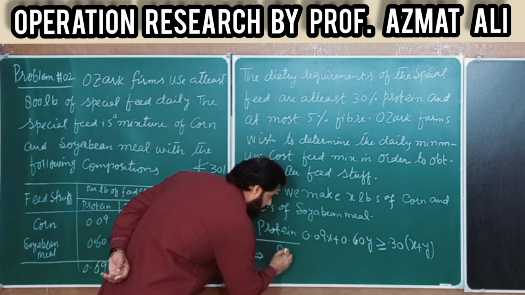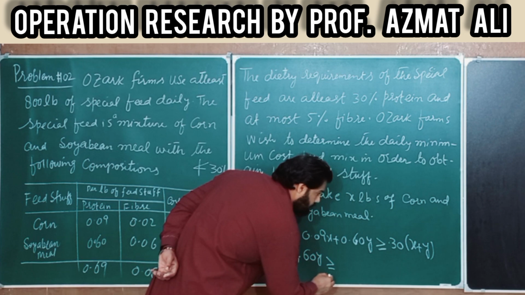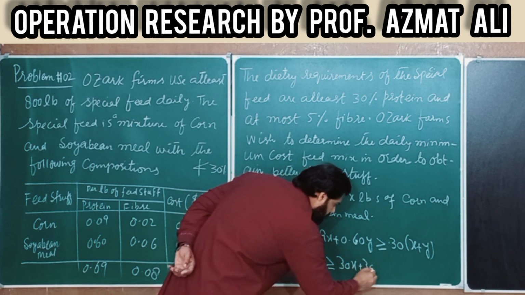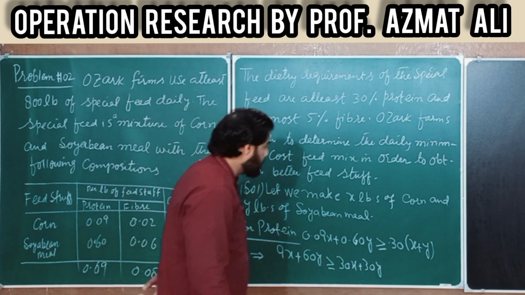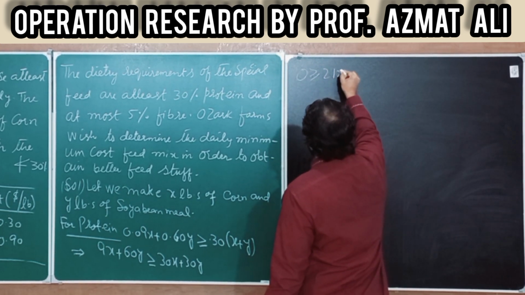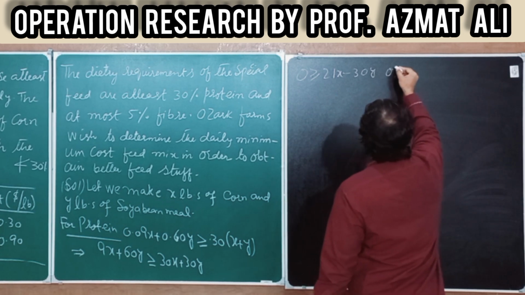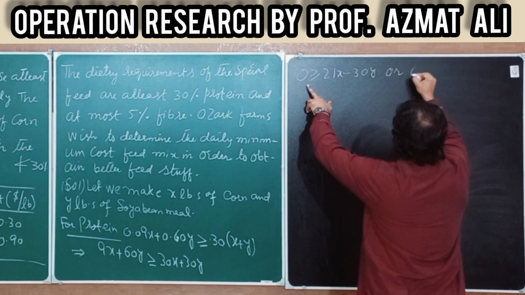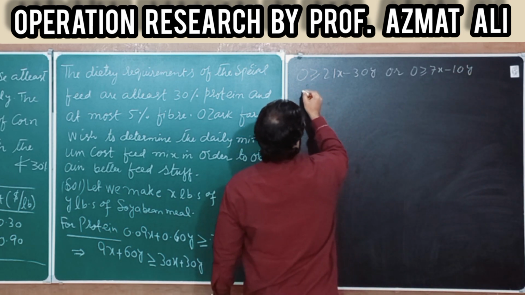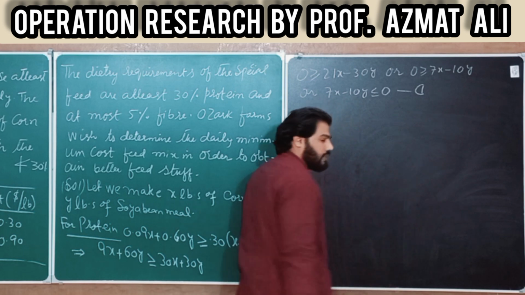This will become 9x plus 60y greater than equal to 30x plus 30y, or this can be written as 0 greater than equal to 21x minus 30y, or by dividing both sides by 3, 0 greater than equal to 7x minus 10y, or 7x minus 10y less than equal to 0. This is our first inequality for protein.